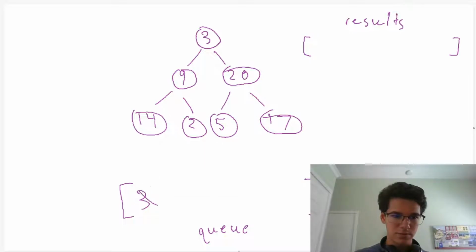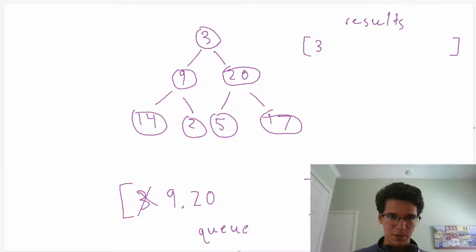So we're going to remove it, and then look to see if it has any children and add those to the queue. Upon removing the value, we're also going to add it to our results list. So then we're going to add 9 to the queue first, because we do the left child first, and then we're going to add 20 to the queue next.